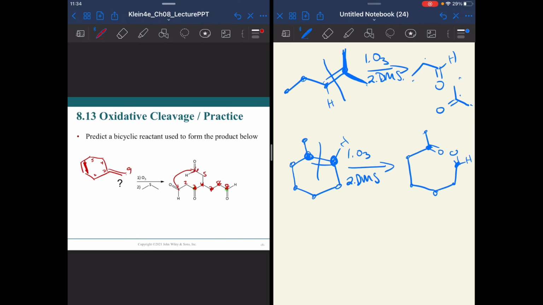Okay, there was a double bond to carbon 9. Well, 3 is also still attached to 4. 4 is also still attached to 6, 7, and 8. And then 8 and 9 are still attached.